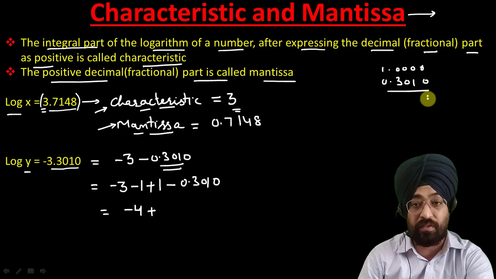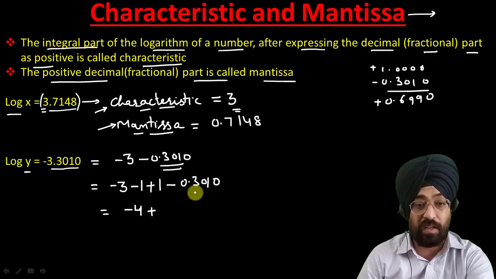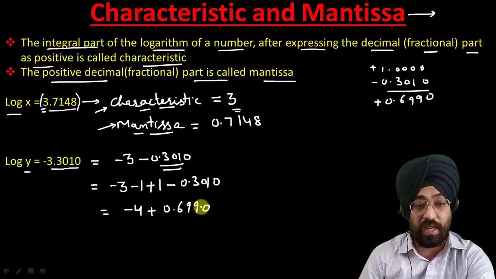If we subtract it, 1.0000 minus 0.3010 is 0.6990. Now we have to club these, and this is written as 4 bar 0.6990.